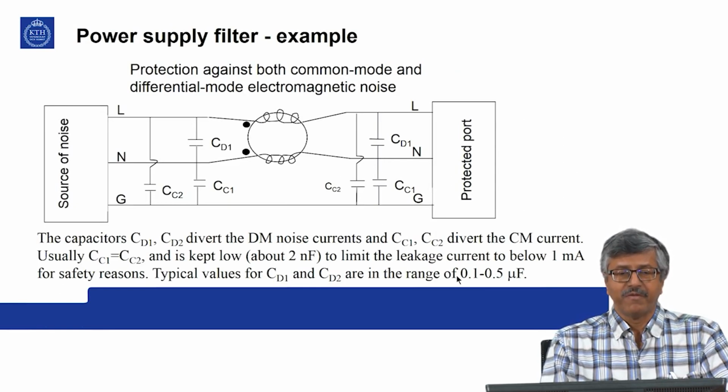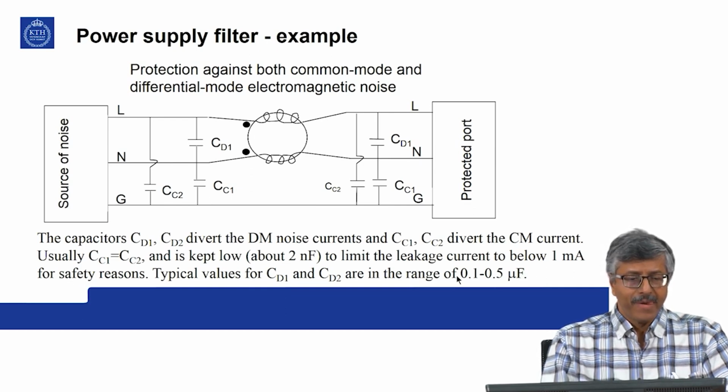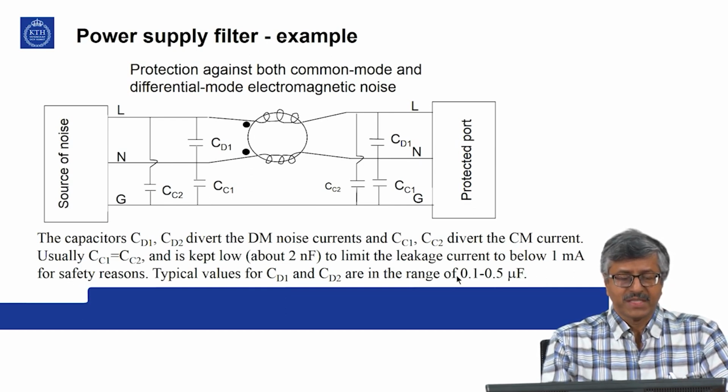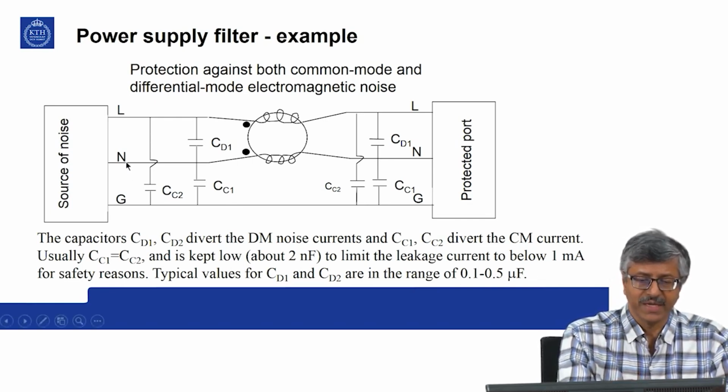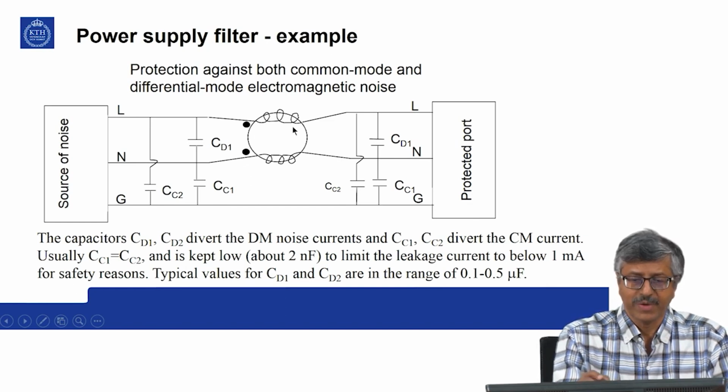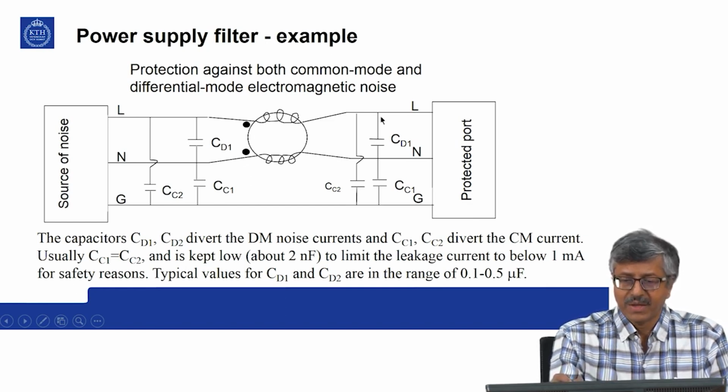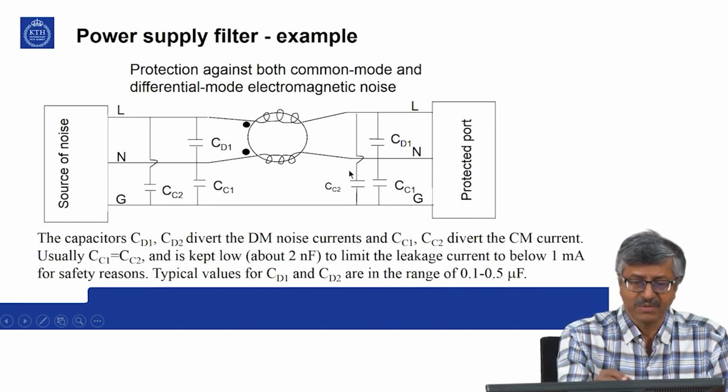Another example of a filter is a power supply filter. This gives protection against both common mode and differential mode electromagnetic noise. So, one example is shown here. So, line, neutral and ground. So, you have a choke over here. Let us say this is the protector port, you have capacitors across all the lines.